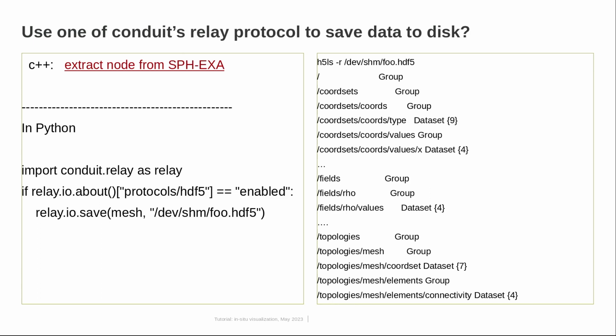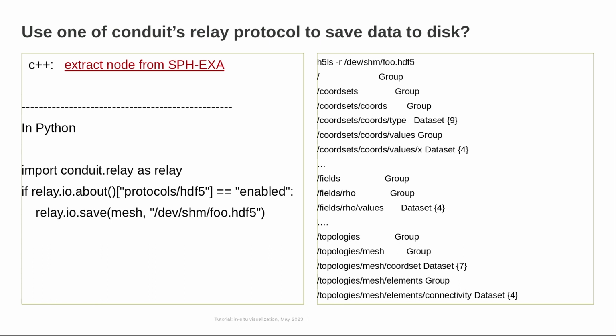If the protocol HDF5 has been enabled at the compilation of Ascent, then you save your mesh, so you pass the Conduit node mesh and you give it a file name. And here you have a file that is compatible with the VisIt application library.